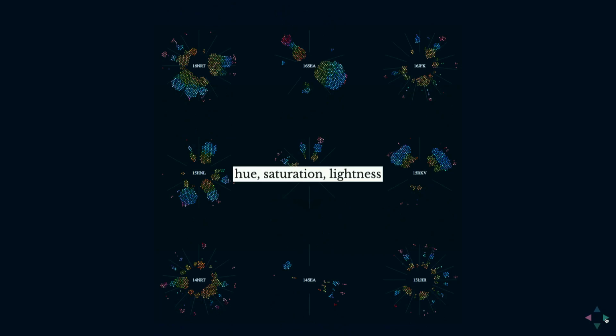And finally, because they are colors, I have hue, saturation, and lightness information. And so I decided to map the hue to my radius so that it would go in a gradient from orange to yellow to green to blue to back to red. And that's how I got the final visualization that you saw earlier.